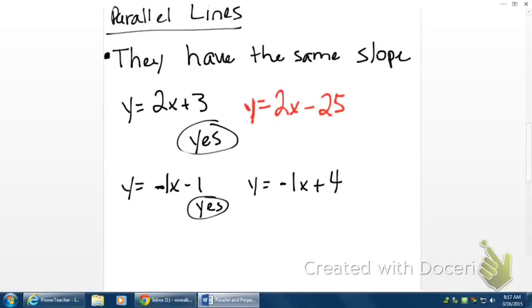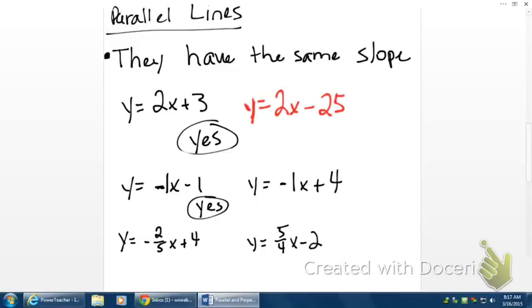Let's go over one more example. y equals negative 2 over 5x plus 4, and y equals negative 2x minus 2.